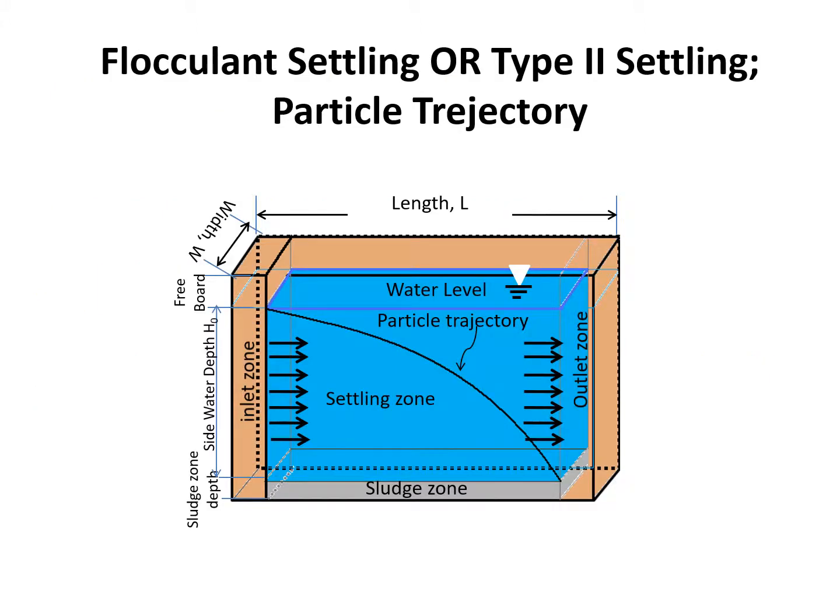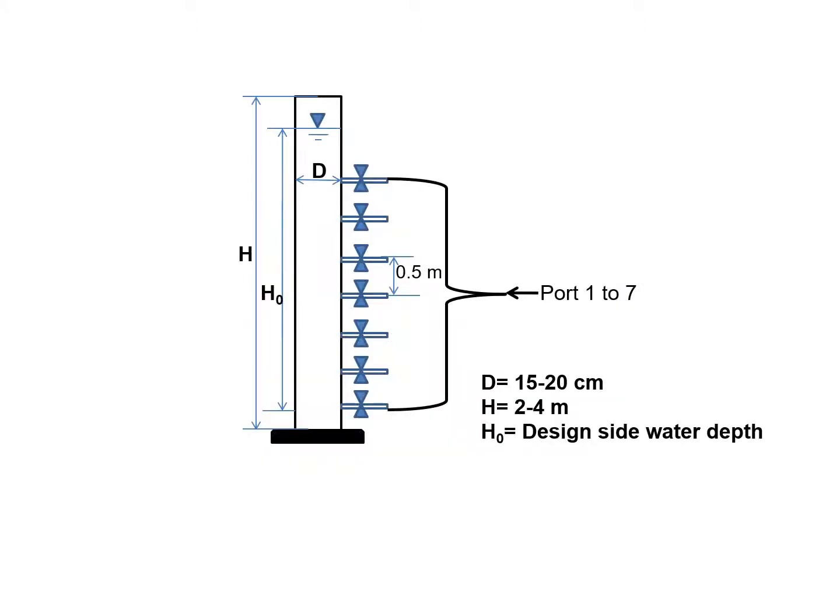Again here, flocculation settling, or type 2 settling, the particle trajectory is a parabola, as you see here, and the particles settle down to the bottom of the tank. We are not going to work on type 2, type 3, and type 4 here, but if you want to, you take a sample of wastewater to the lab.